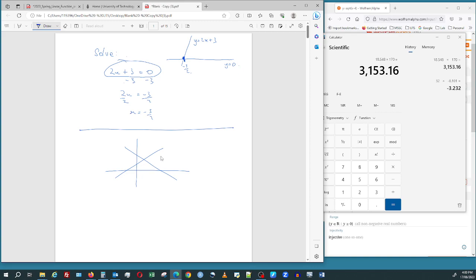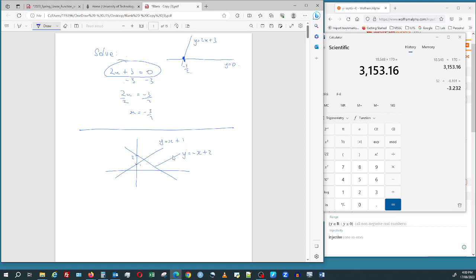So this one here, what would we say? Let's call that 1, let's call that 2. So we've got y equals, it's about a minus x plus 2, and this one would be y equals x plus 1.